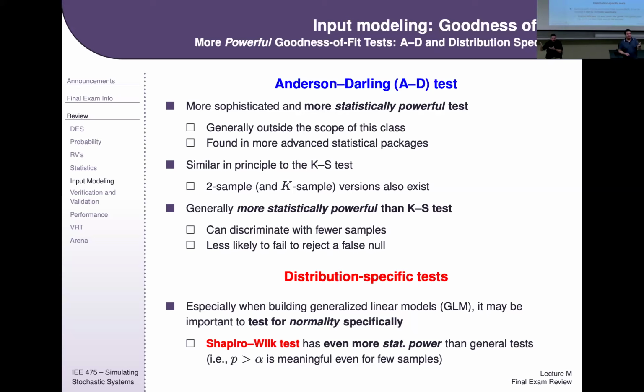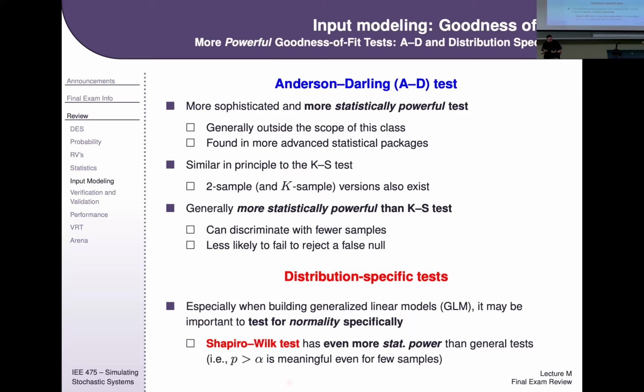High powered tests are great for goodness of fit tests if you really want to ensure that you have a good fit. If a high powered test does not reject your data, then it is very likely that your data actually are the hypothetical distribution. If a low powered test does not reject your data, it might just mean that you don't have enough data.